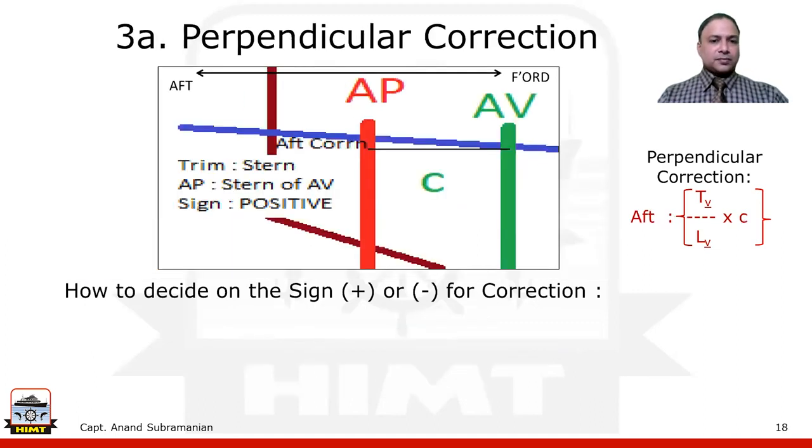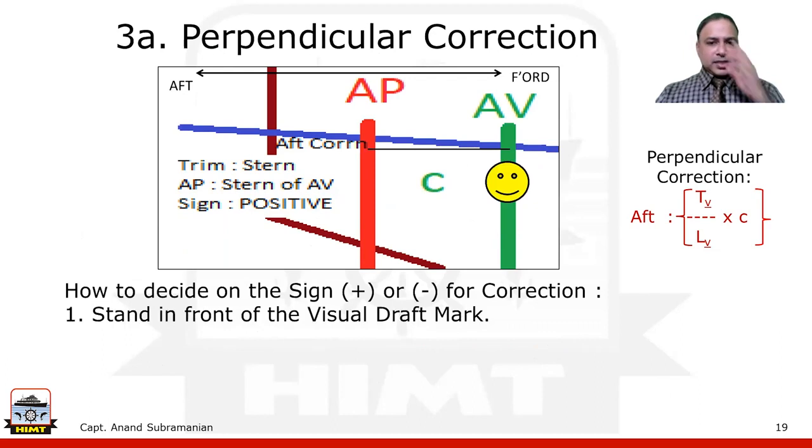Let's look at another example. This is the aft of the ship, the stern of the ship. This is the aft visual draft mark, and this is the aft perpendicular. Exactly as we did in the forward, we stand in front of the visual draft marks. From here, look at the location of the aft perpendicular.